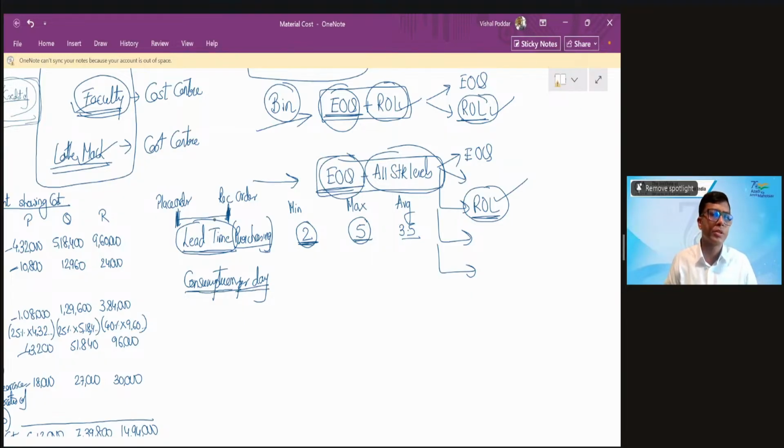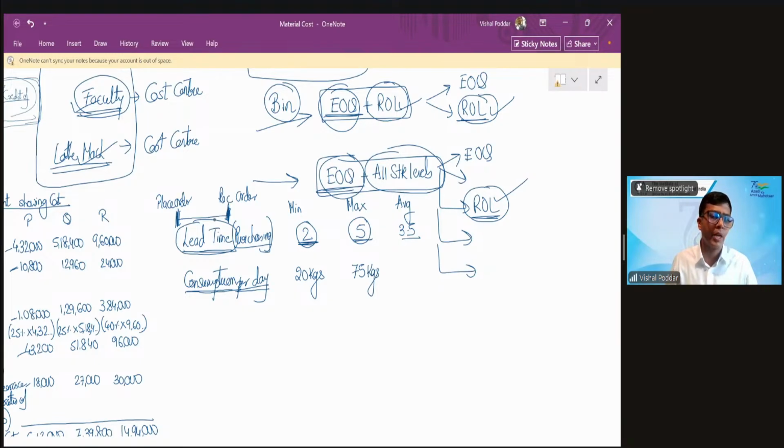Now, what is this consumption? In a day, how much material quantity will I be using for my production? Let us say when the season is slack, I use 20 kgs in a day, and when we have a peak season, we use 75 kgs per day.